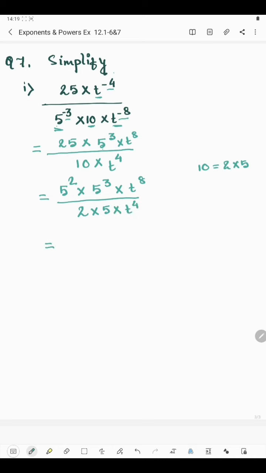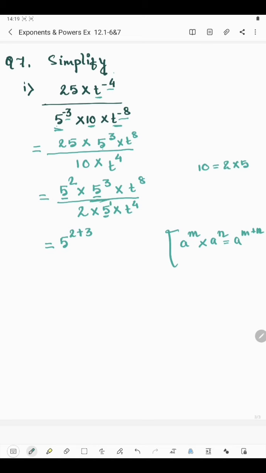Now here we have the same base, and according to the law, if we have the same base and multiply sign is in between, then we add the power. So it will be 5 raised to the power 2 plus 3. Now here we have 5 in the denominator and the power is nothing, means 1.